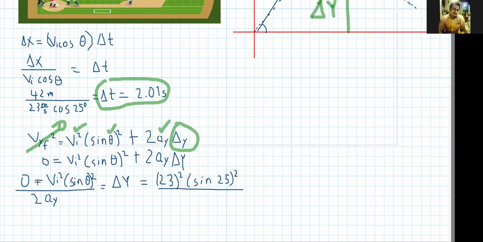Don't forget that you have a negative here, so keep the negative when you substitute. 2 times the gravity, that is negative 9.81. My advice is that you solve the numerator first and you write the answer, then the denominator, and then solve the division, okay?